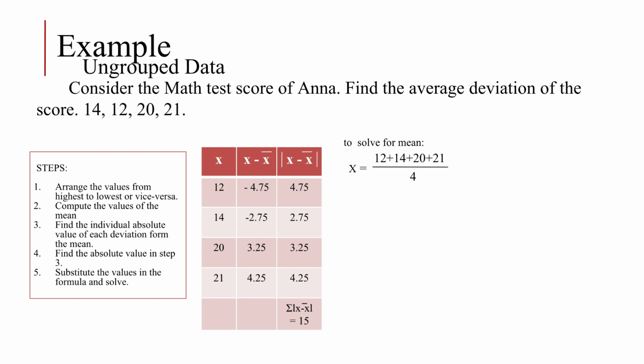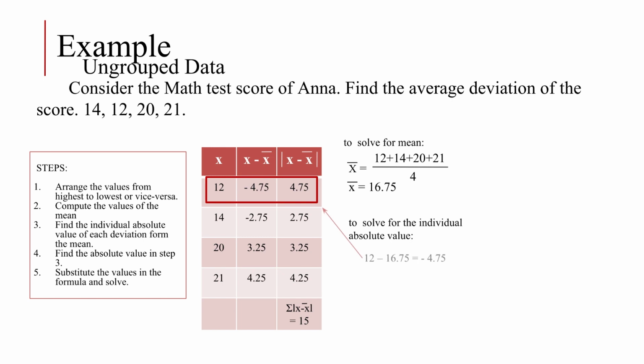That is 12 plus 14 plus 20 plus 21 divided by 4, which is 16.75. After that, we will find the individual absolute values. For example, let's take x minus the mean, which is 12 minus 16.75, and that would be equal to negative 4.75.